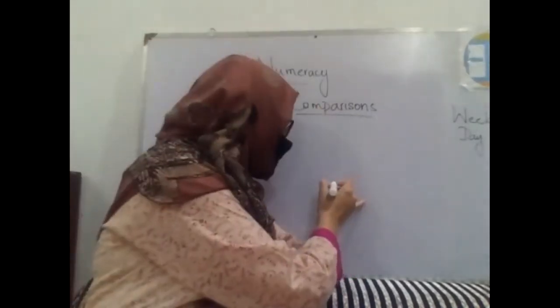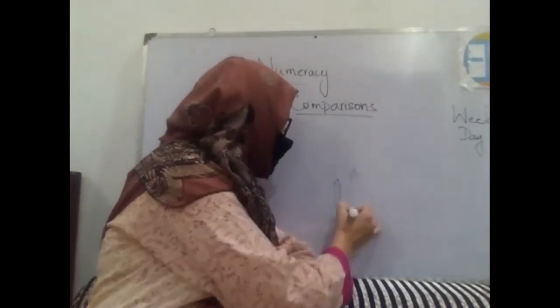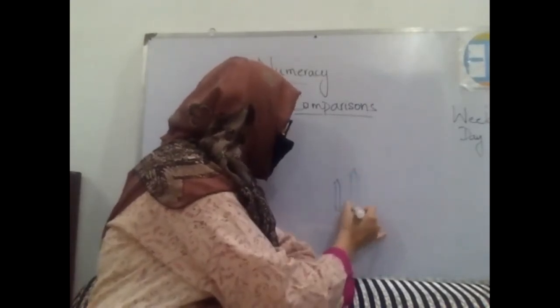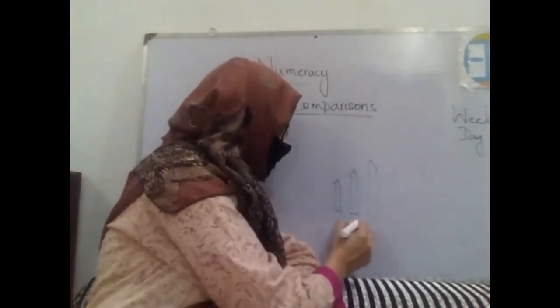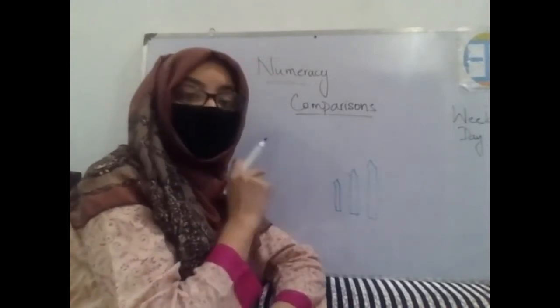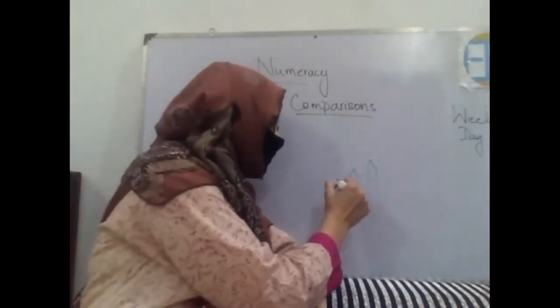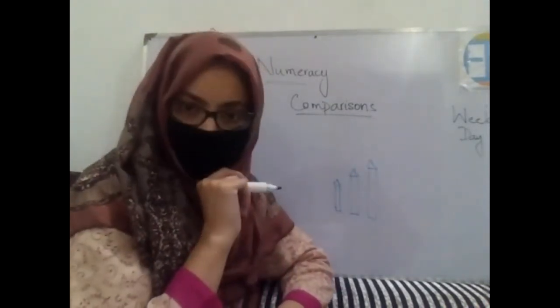The one is this much long, the other one is a little bit longer than the previous one, and the last one is the longest. Now, all these are pencils, and we are talking about their length, right? The same thing, same quality, but there is a difference in that quality, right?